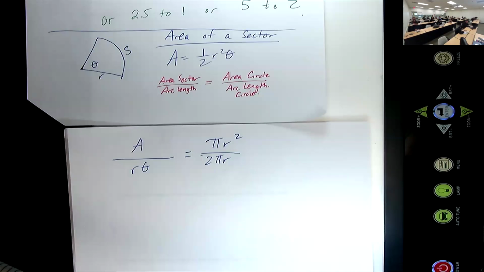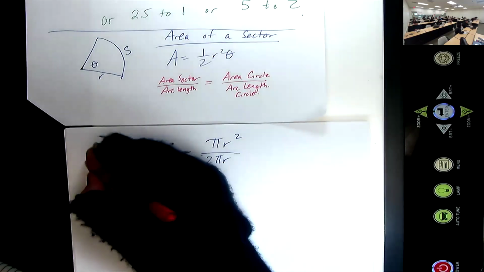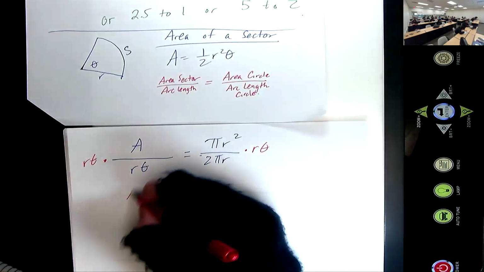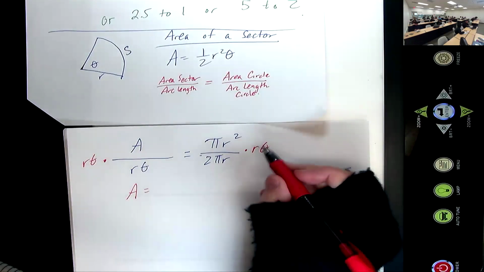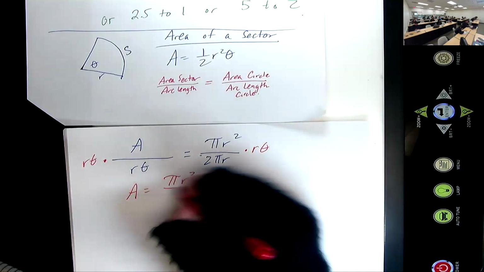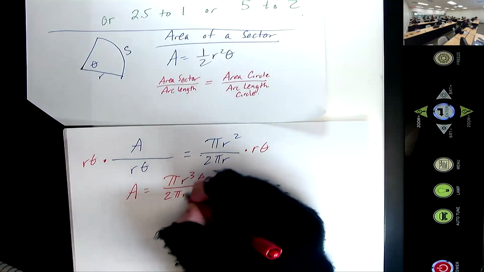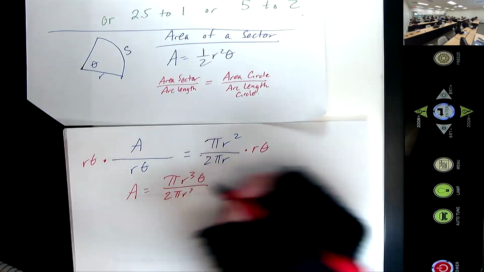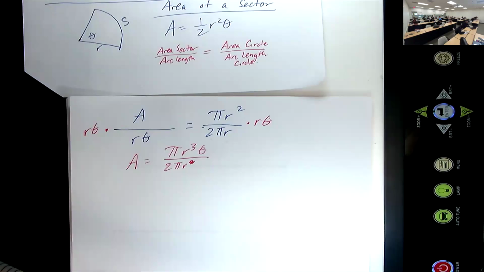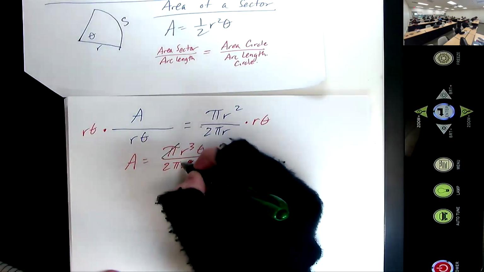So I'll just multiply both sides by r theta. I wanted A, so I'm going to get A. I end up having pi r cubed theta on top and 2 pi r on bottom. Pi's cancel out.